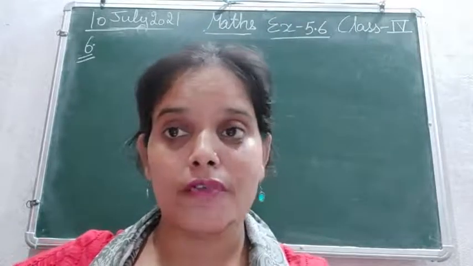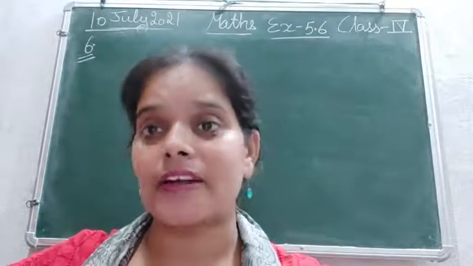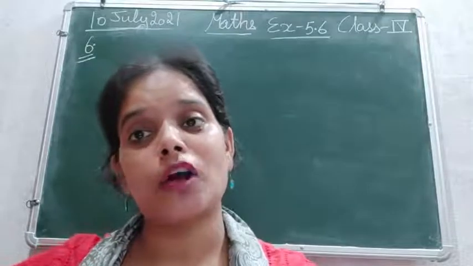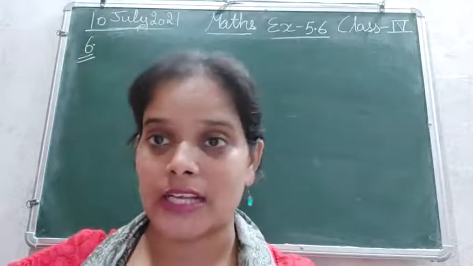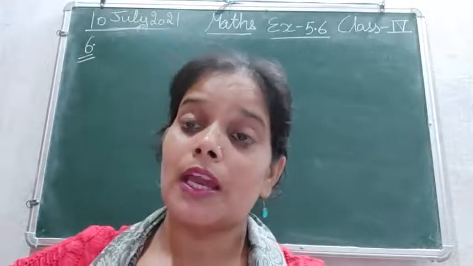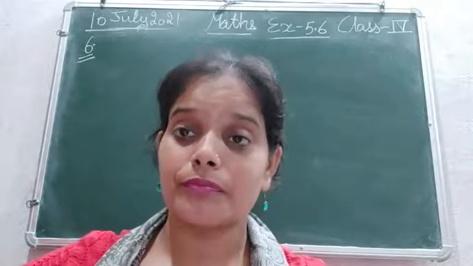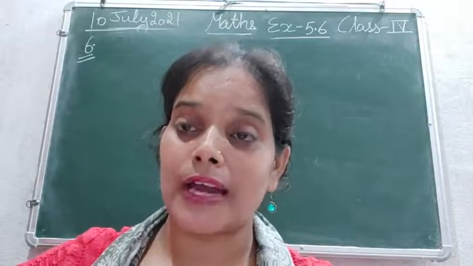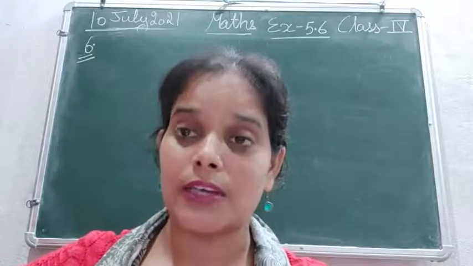ओके, सो द नंबर ऑफ टिन्स आर 768. The number of tins of ghee is 768. Okay, now the question is the weight of 1 tin of ghee is given.